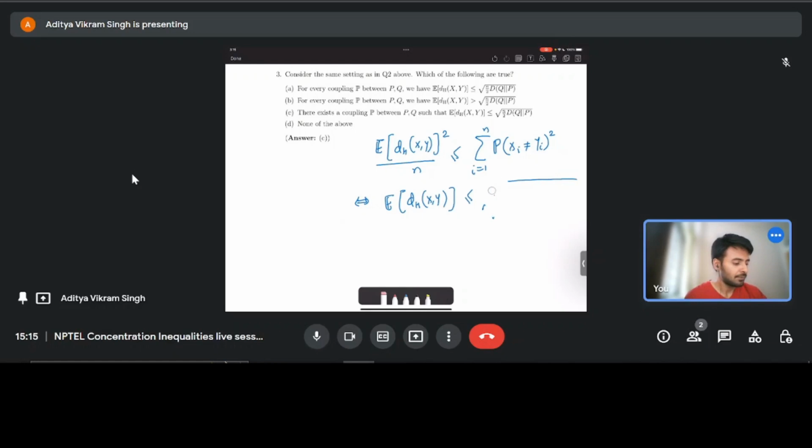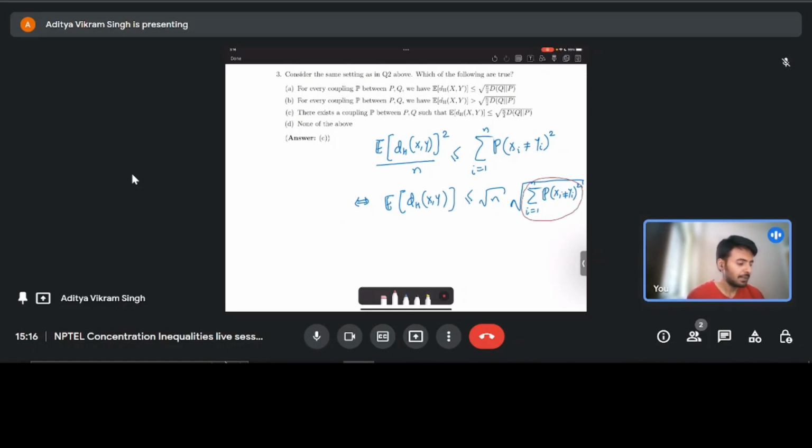Let me take two small square roots instead of one big square root. So square root n times the square root of the sum from i equals 1 to n of the probability that xi is not equal to yi, the whole square. Now what do we know about the quantity inside the second square root?